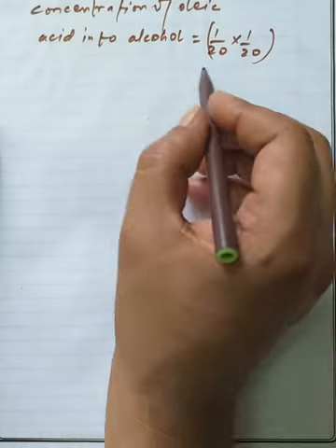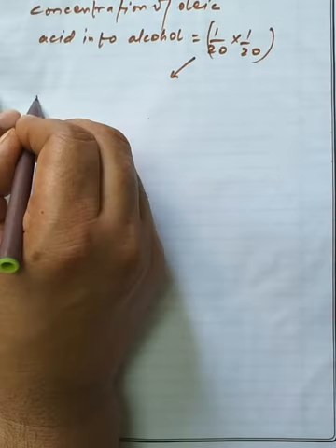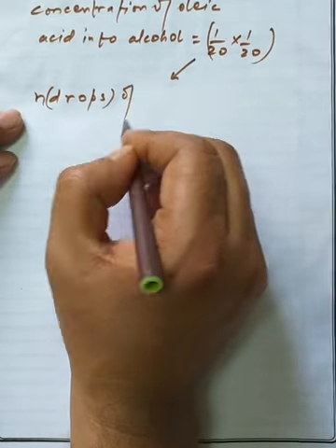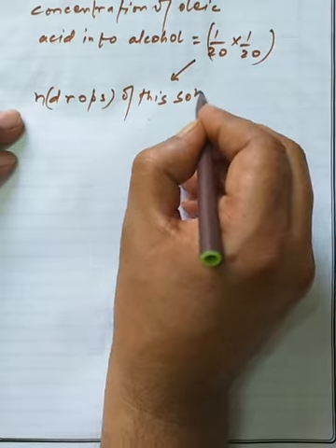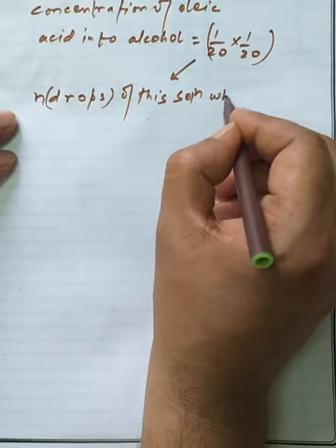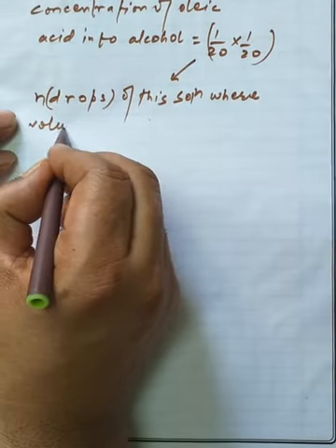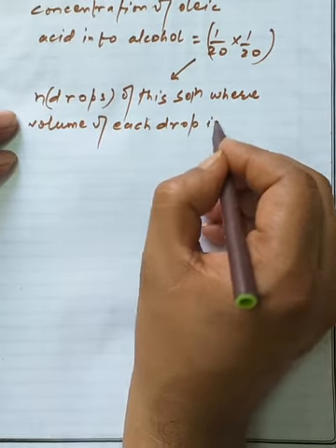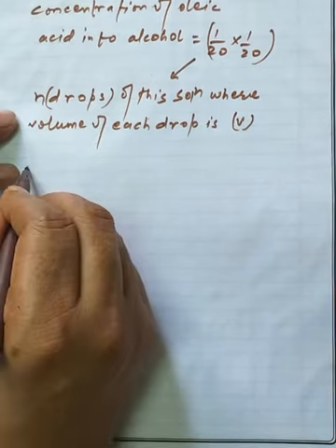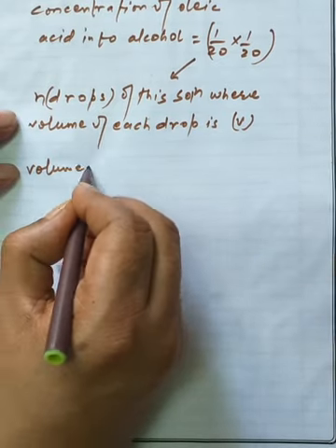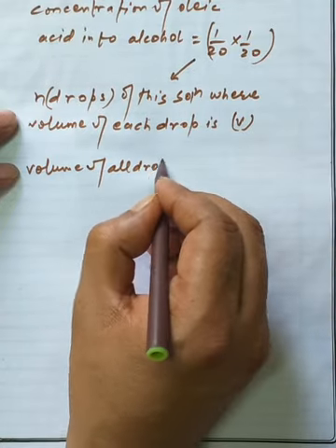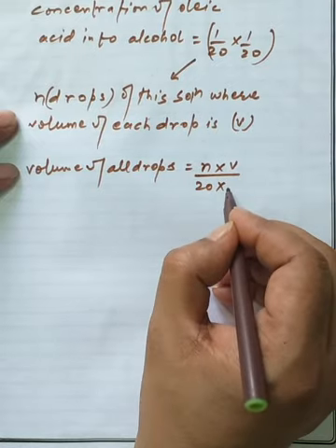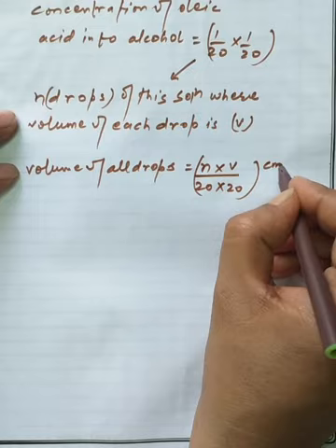Now we take N drops of this solution, where the volume of each drop is V. The volume of all drops is N into V with the concentration 1 upon 20 into 1 upon 20, in centimeter cube.